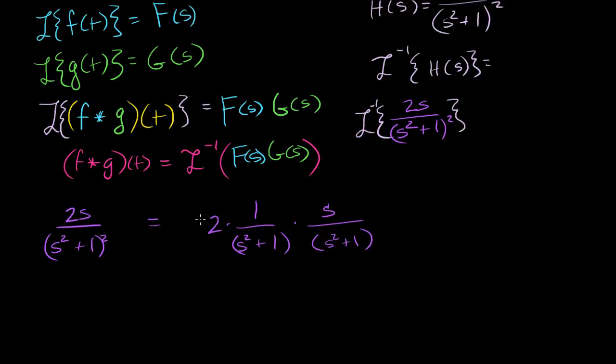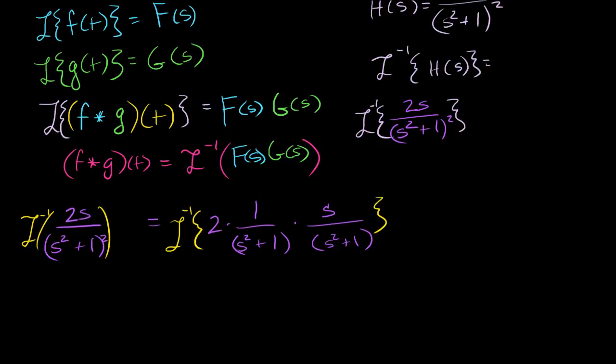I just broke it up. If you multiply the numerators, you get 2 times 1 times s, or 2s. If you multiply the denominators, s squared plus 1 times s squared plus 1, that's just s squared plus 1 squared. So it's the same thing, and taking the inverse Laplace transform of this is the same as taking it of this.